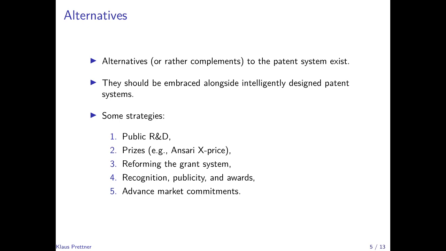For example, for curing rare diseases or curing diseases for people that mainly live in low-income countries and don't have that much spending power. And that could also be applied for antibiotics of last resort. I will go through these 5 strategies over the next slides.